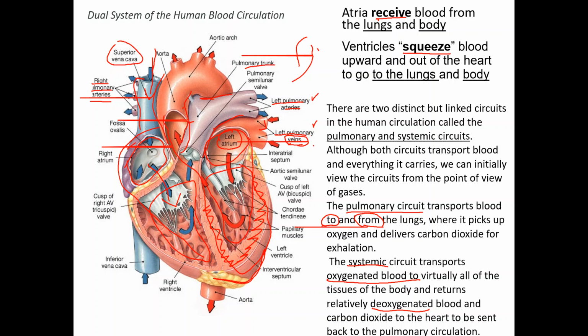So when you define veins and arteries, if you want to be very precise, you'll just define them based on the directionality of the blood. The vessels that transport blood leaving the heart are arteries, and the vessels that bring blood to the heart are veins.